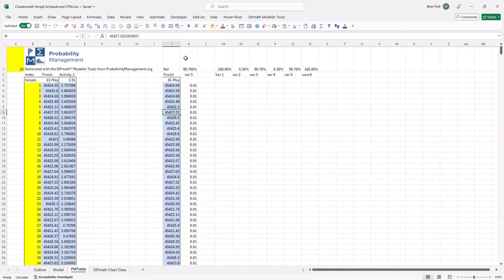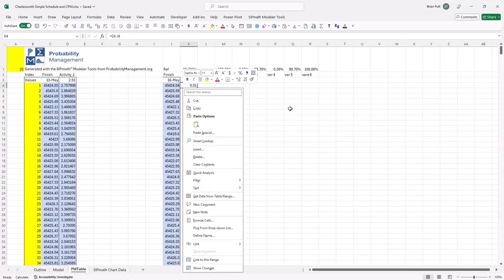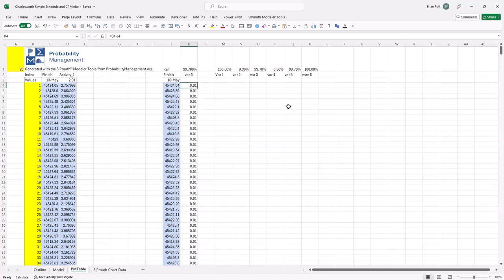I can then count how many of these are zero, effectively, or not zero. And the answer is 99.7% of them are not zero. So there's just a few that are zero, right? Okay. So what I've done is record that number over here.